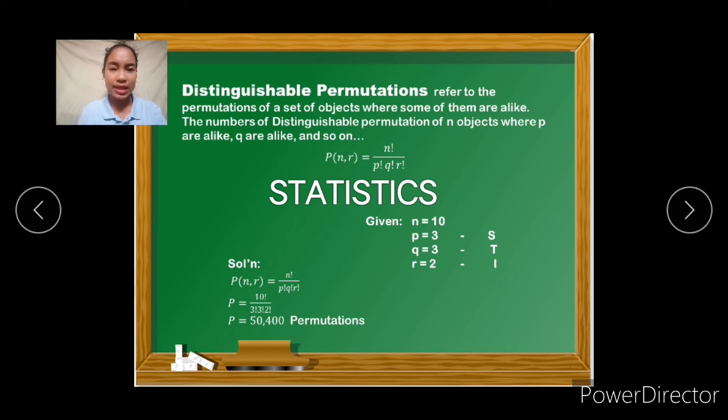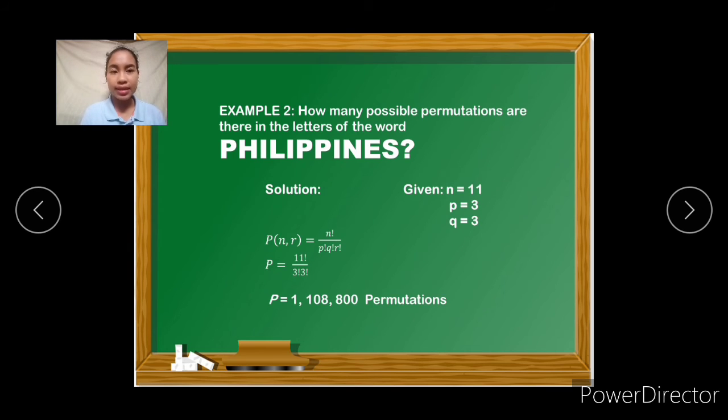So permutation is equal to, the value of our n is 10, so 10 factorial over p, the value for our p is 3, so 3 factorial times 3 factorial times 2 factorial. 10 factorial over 3 factorial times 3 factorial times 2 factorial is equal to 50,400. So our P now is equal to 50,400 permutations.